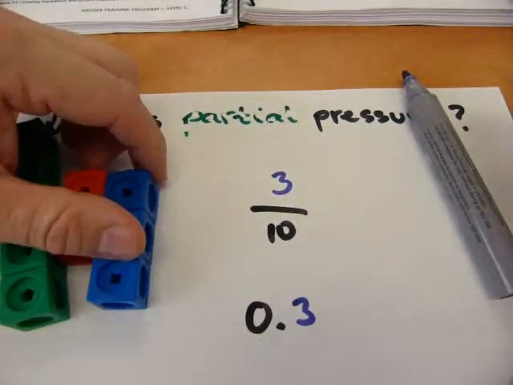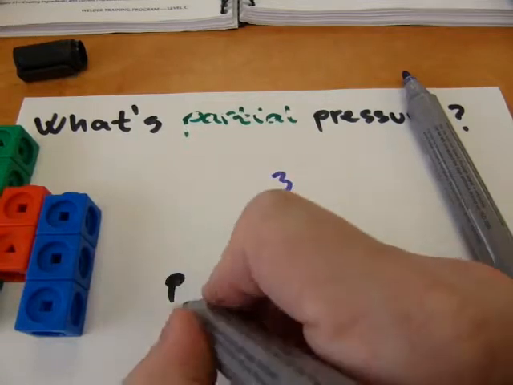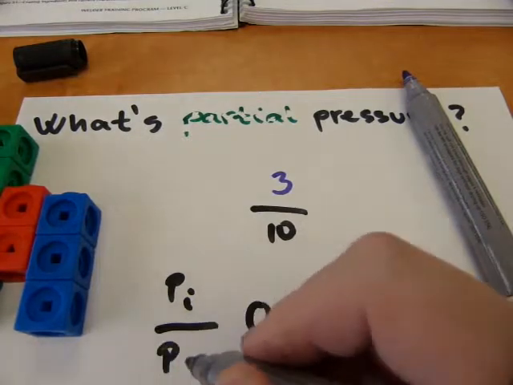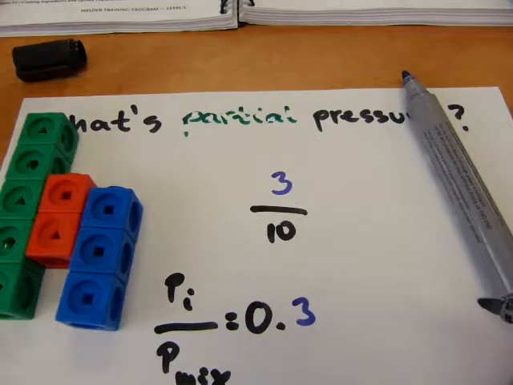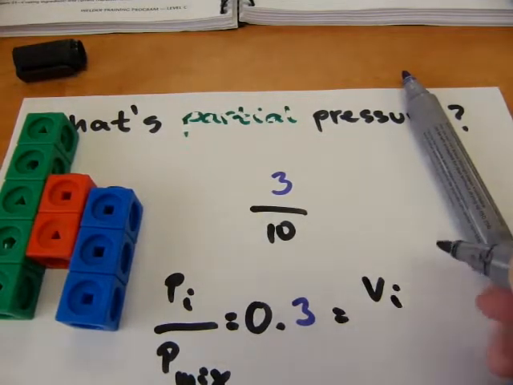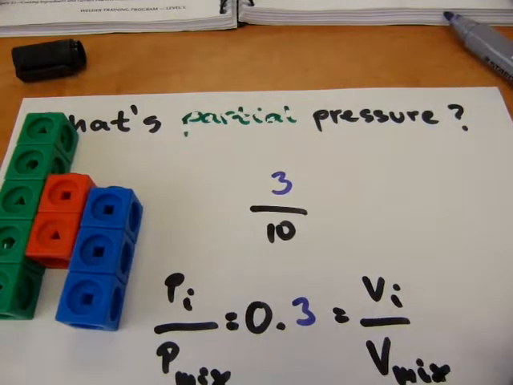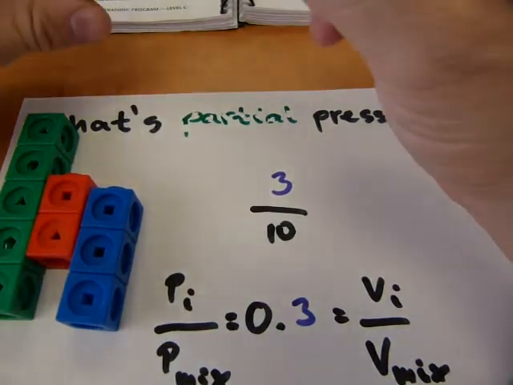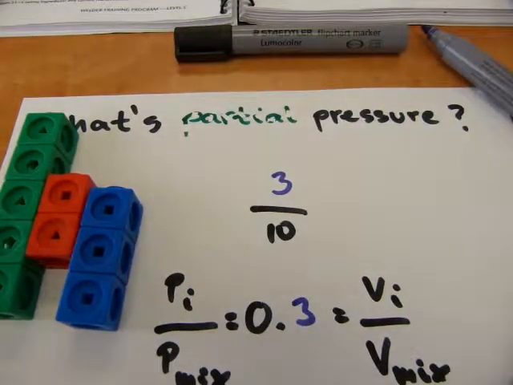So if you take the pressure of the individual and divide it by the pressure of the mix, it's going to be 0.3, but you get the same number if you take the volume of the individual and divide it by the volume of the mix. So that's how partial pressure works, or that's how it's represented in simple terms.